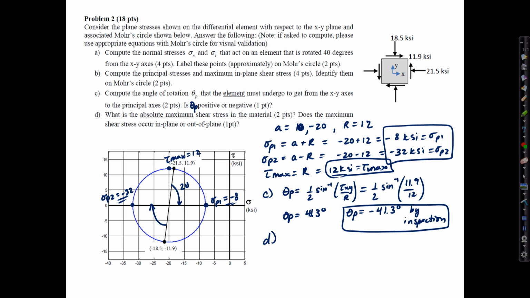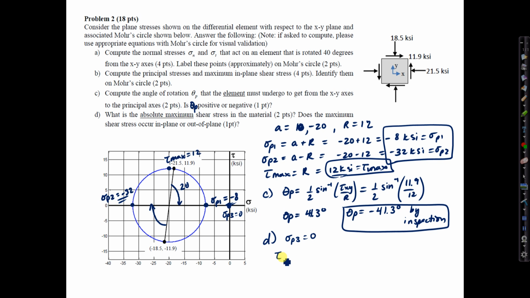Okay, part D. What is the absolute maximum shear stress in the material? Does the maximum occur in plane or out of plane? So we need to consider what is the third principal stress and evaluate the maximum shear based on that. For a plane stress situation, we know that a third principal stress is located right over here at 0. So sigma P3 equals 0.